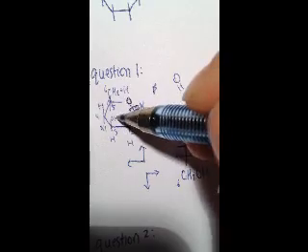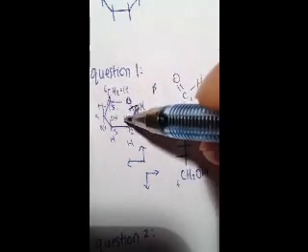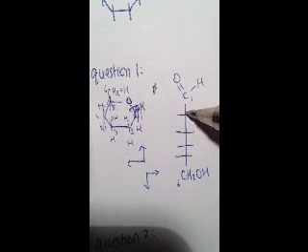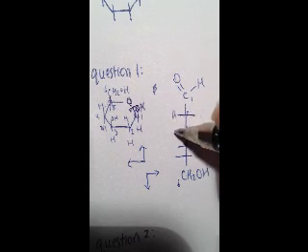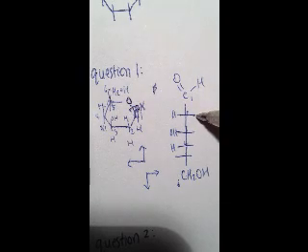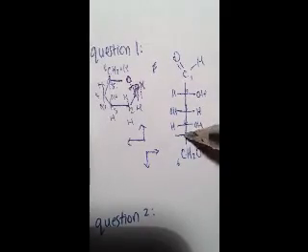So as you can see here, for carbon 2, 3, and 4, it's H, OH, and... did I draw OH? No, I drew H. So H, OH, and H. So for carbon 2, 3, and 4, you have H, OH, and H. And then just fill in the opposite side, because it's always going to be the opposite.